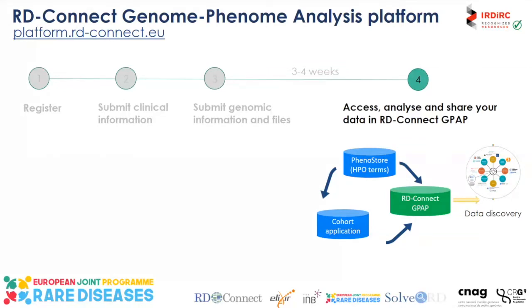You will also be connected, if you have granted access for those patients, to Matchmaker Exchange, and then this will help to connect with databases such as Decipher or Phenocentral for patient matching. I will also show you now a couple of examples for that.